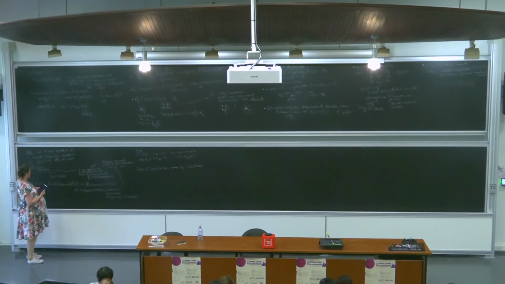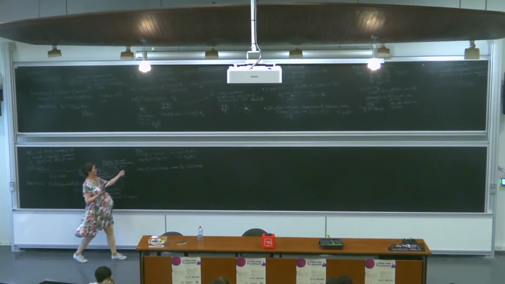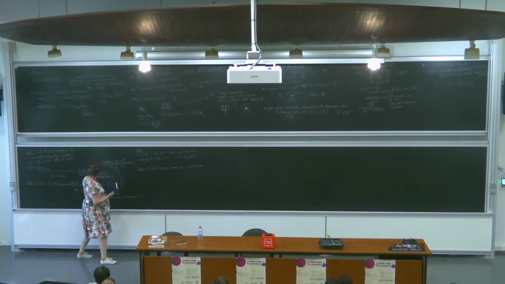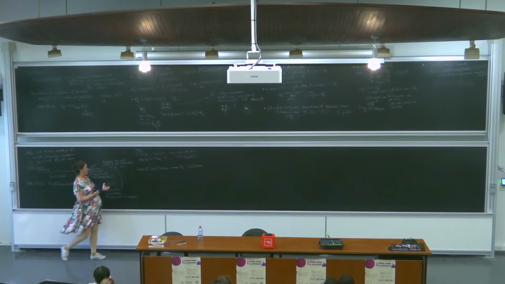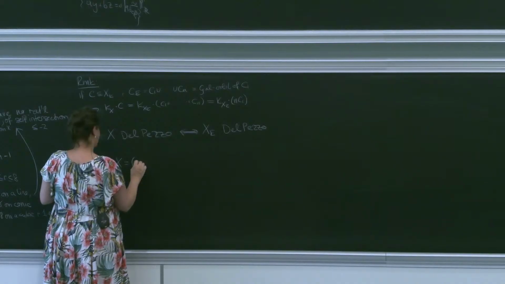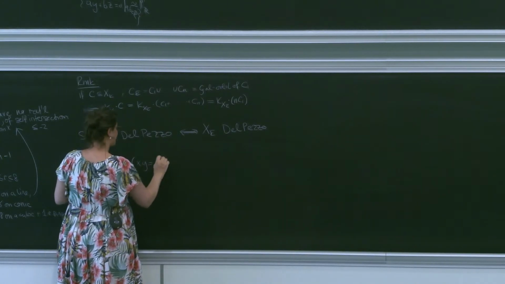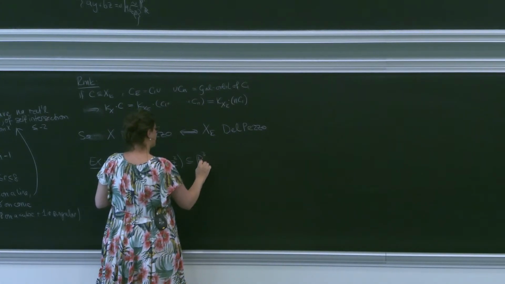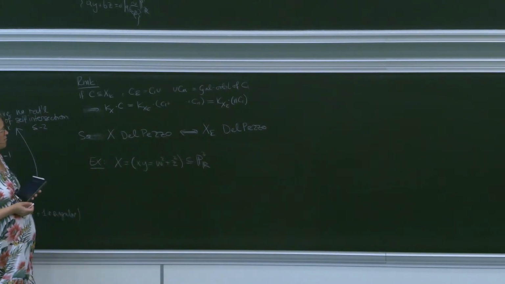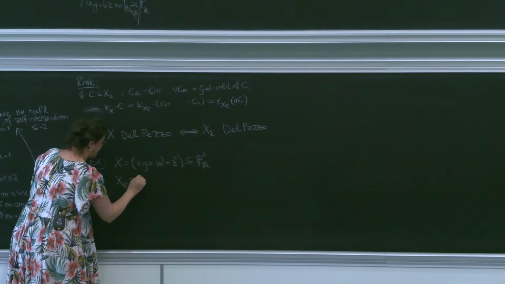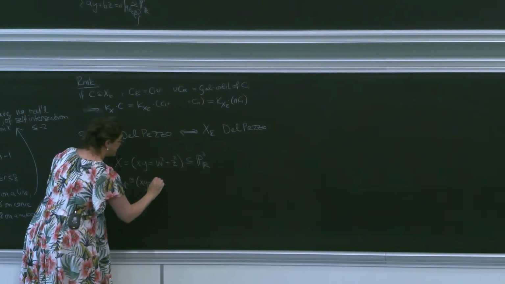Okay, and now you can imagine that if we have a del Pezzo surface over K bar and we put some funny form on it, we'll still have a del Pezzo surface, but it's not one of these anymore. So for instance, let X be a quadric, y equal to w squared plus z squared in P3 over R. Now over C, this is just isomorphic to xy equal to wz, right?